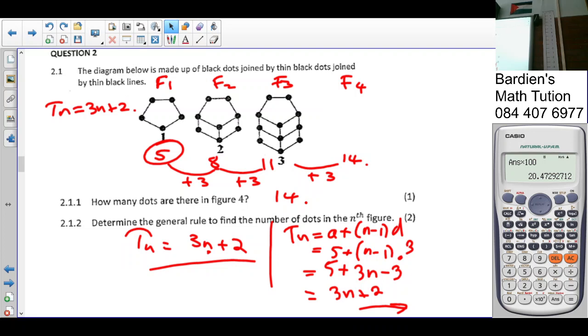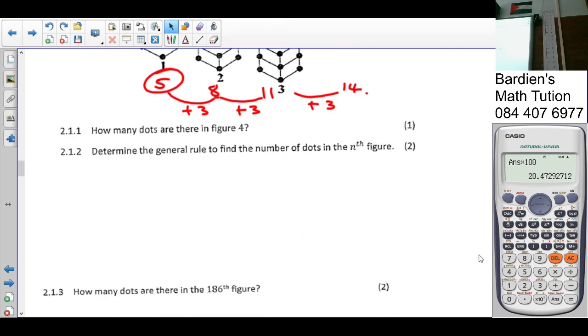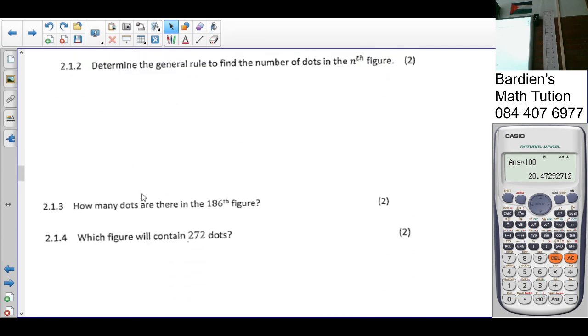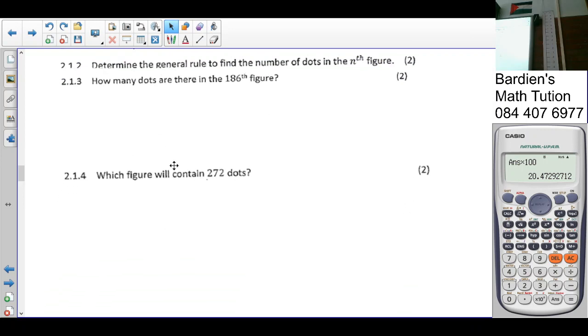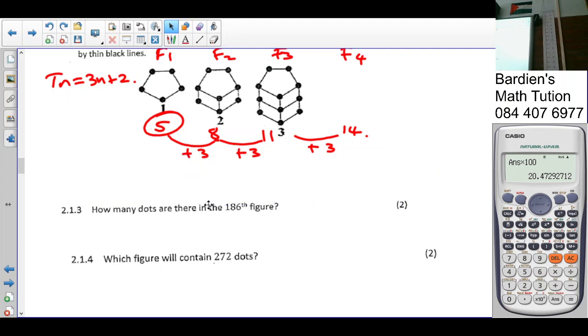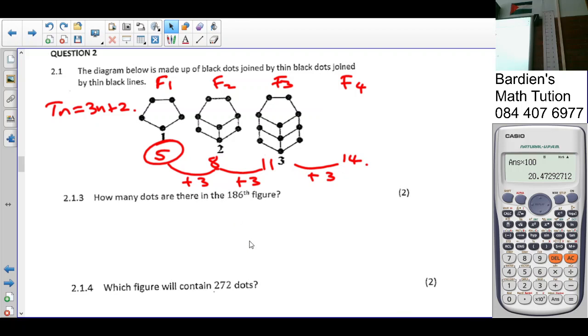We'll try and keep the diagram in focus. Right, so in question 2.1.3, how many dots are there in the 186th figure?